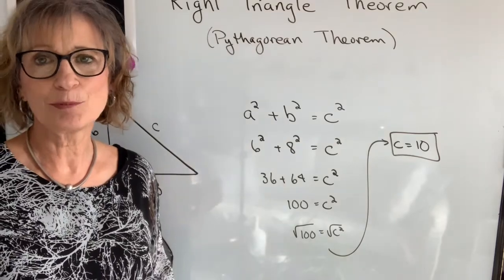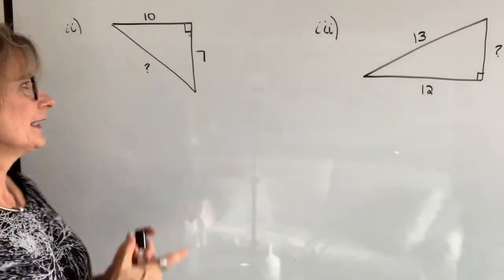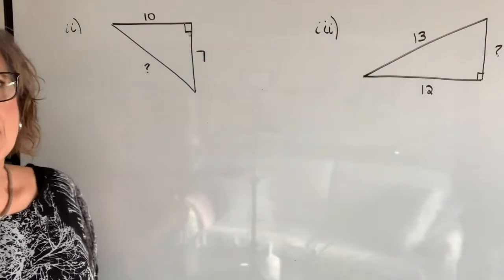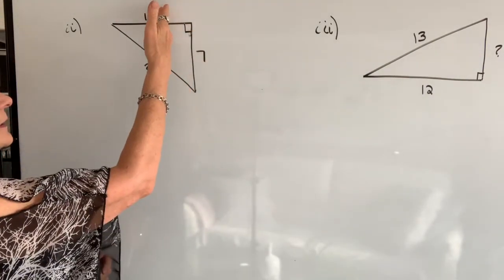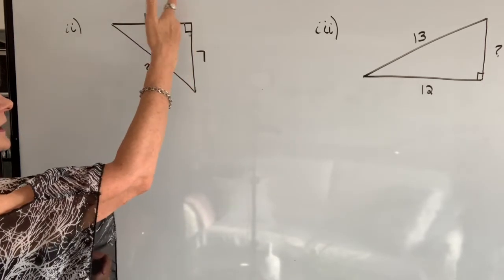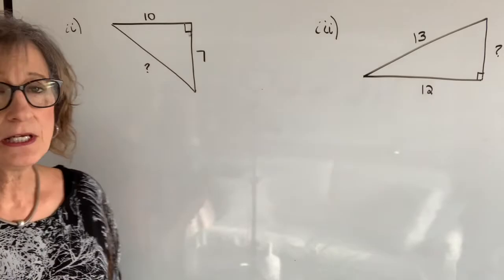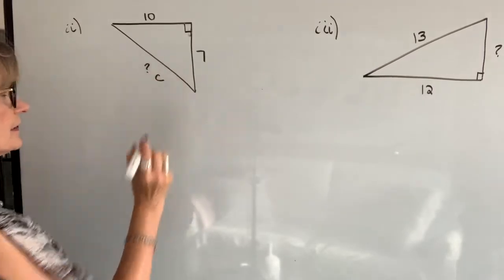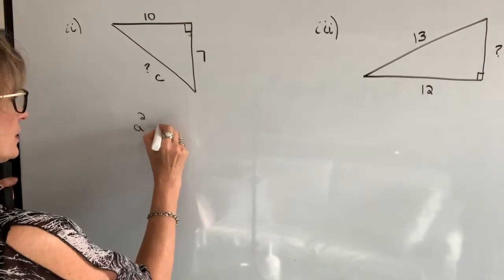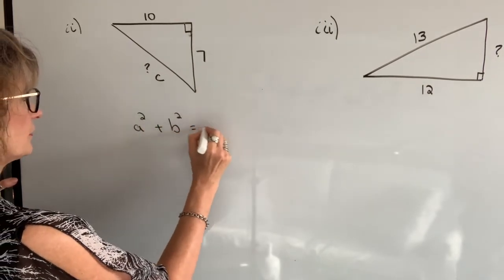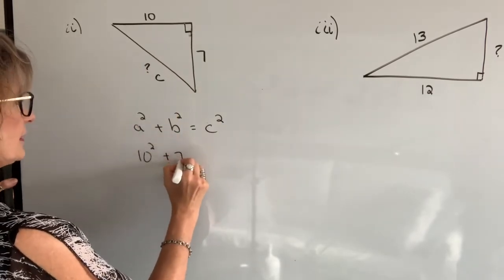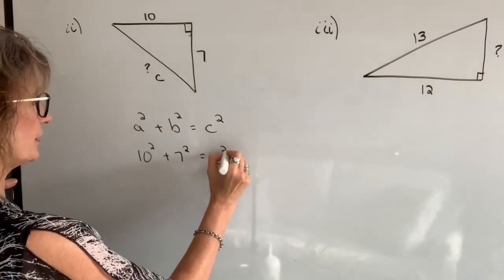Let's take a look at a couple more examples. In our next example, here's our right angle. It's indicated with that symbol. And we know we can call this A or this A, it doesn't matter. This is side A, this is side B, for example. What we're trying to find is side C. So again, we plug into our theorem. A squared plus B squared will equal C squared. 10 squared plus 7 squared is equal to C squared.